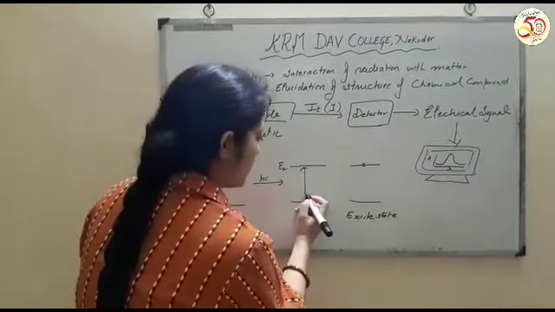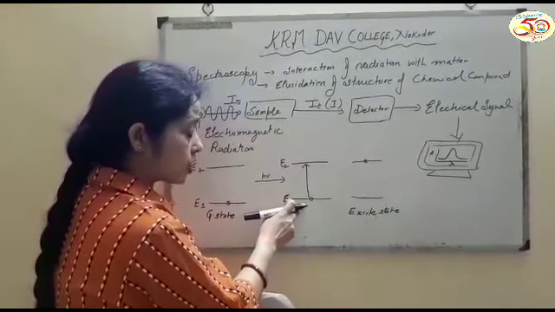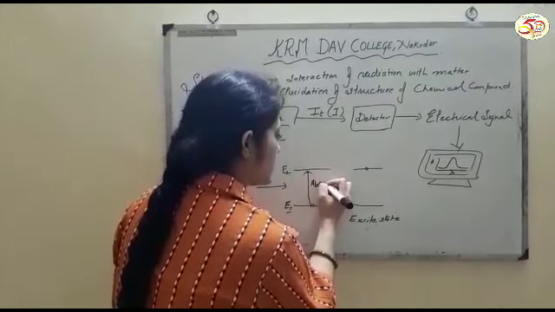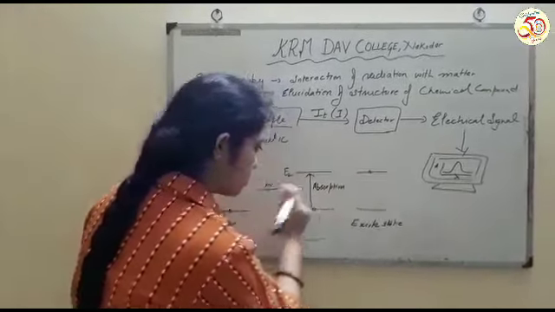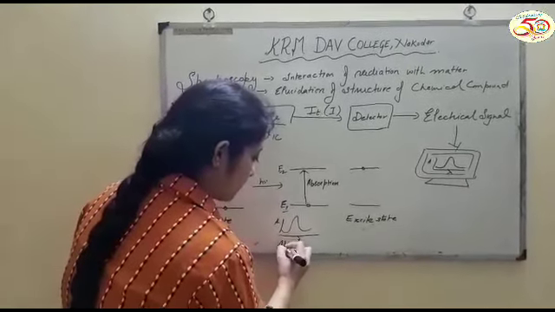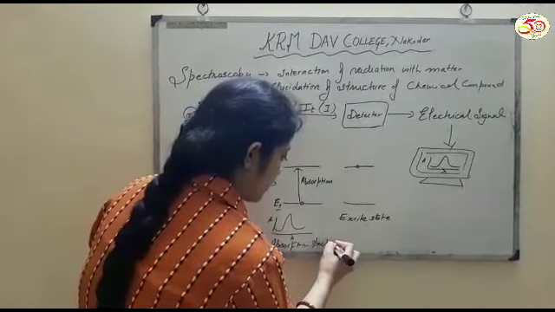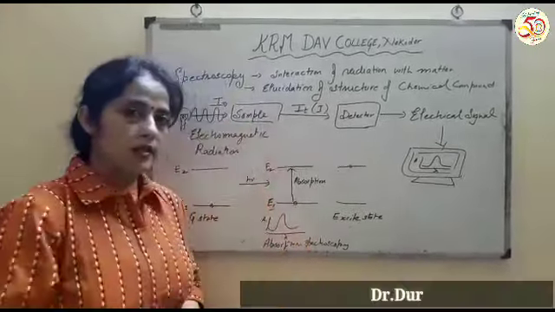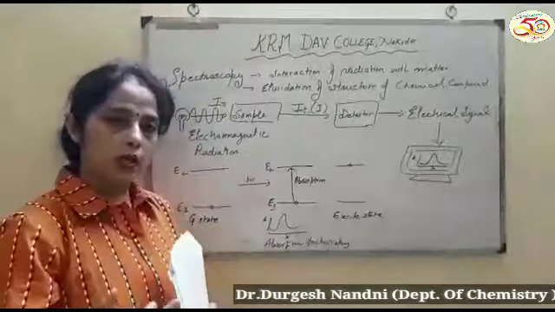When we record the energy in going from electron energy level E1 to E2, we are recording absorption. The spectra corresponding to absorption is called absorption spectroscopy. The excited state is always an unstable state, which means the electron will try to come to the lower energy state.